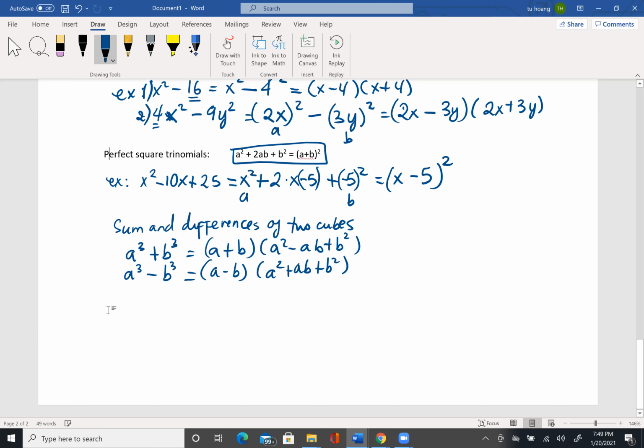So I'm going to move to section 6.5, which is the summary of factoring.